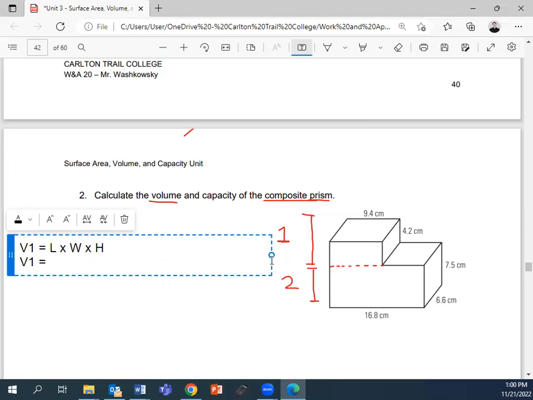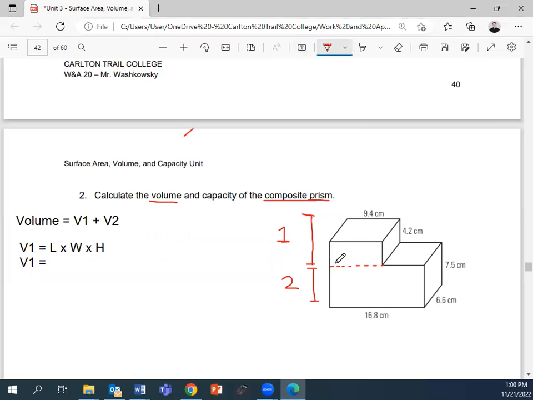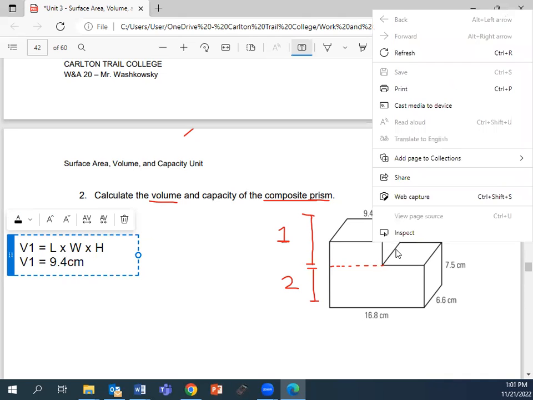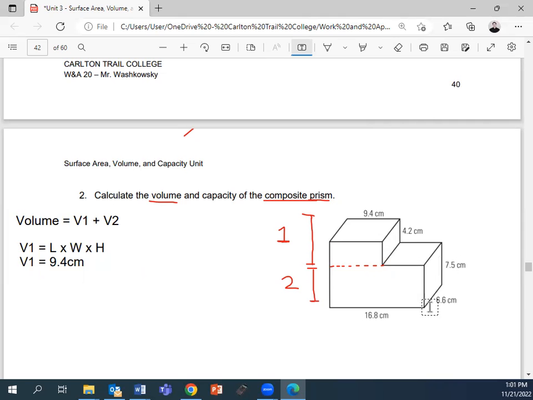I'm going to say that this thing right here is just my length, this little line I made. It doesn't tell me nice and clean exactly. Oh, no, it does tell me this right here, 9.4. If it didn't tell me, I'd have to figure it out. So it's 9.4 centimeters. My width in this case is going to be this. Remember, you're figuring out the base. And I know that this line here is the same as 6.6. If you're ever unsure, you can always take the ruler, make sure the measurements stack up.